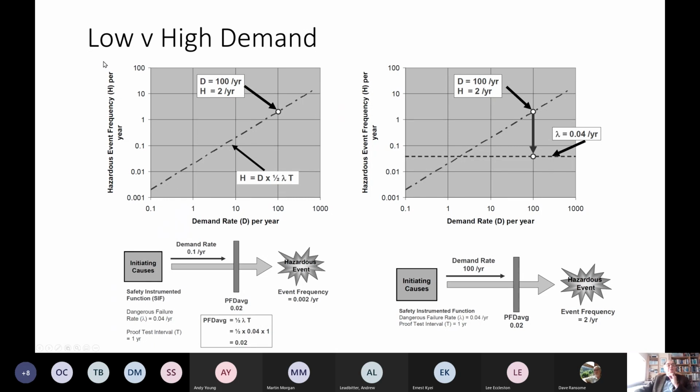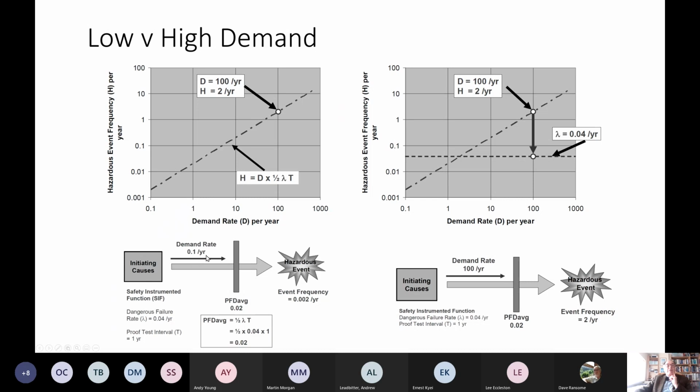If we look at the low demand possibilities first of all, and we imagine a dangerous failure rate for the SIF of 0.04 per year with a 1-year test interval, then most people will be familiar with the routine half lambda dangerous test interval equation here, which gives us the PFD average of 0.02.